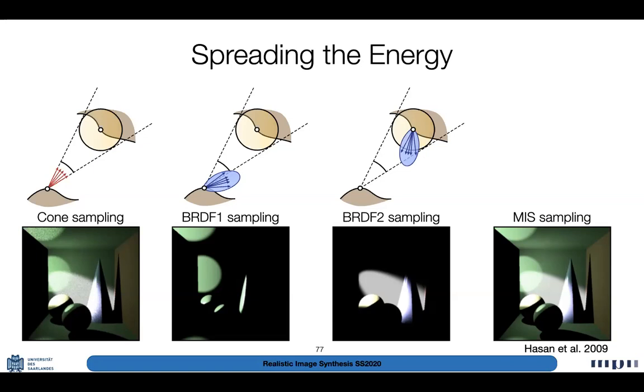And by simply MISing them, which means doing multiple importance sampling of all these techniques, you would still get a nice illumination. So this was really beneficial. Since there is no way of introducing the singularity, things were easy to importance sample together.